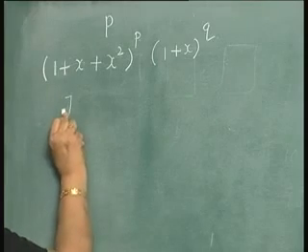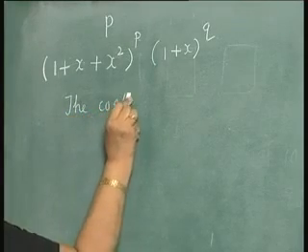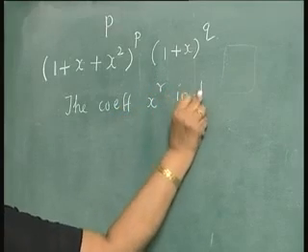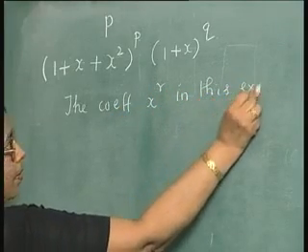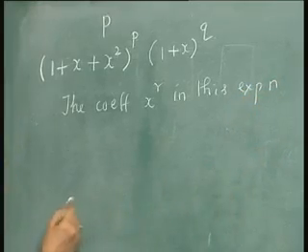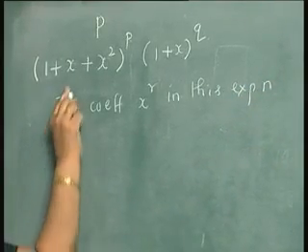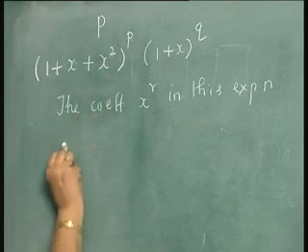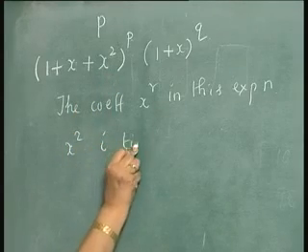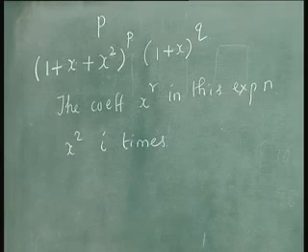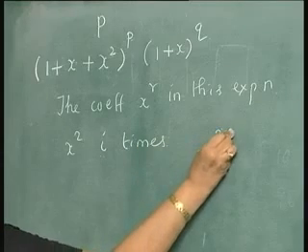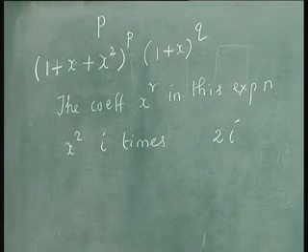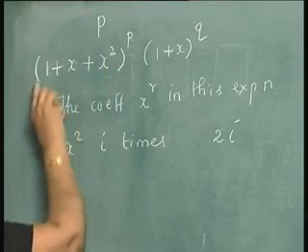Now, what is the coefficient of x power r in this? Now, you can select x squared i times, that will give you a power of 2i. Then there will be how many factors remaining here? There will be p minus i factors remaining here, and already there are q factors. Out of these factors and these factors, you have to select the remaining coefficient, x power r.